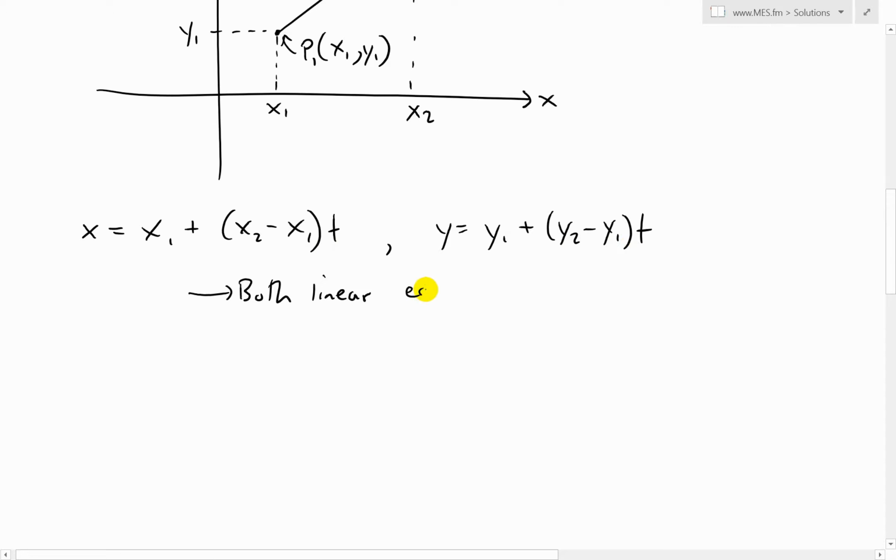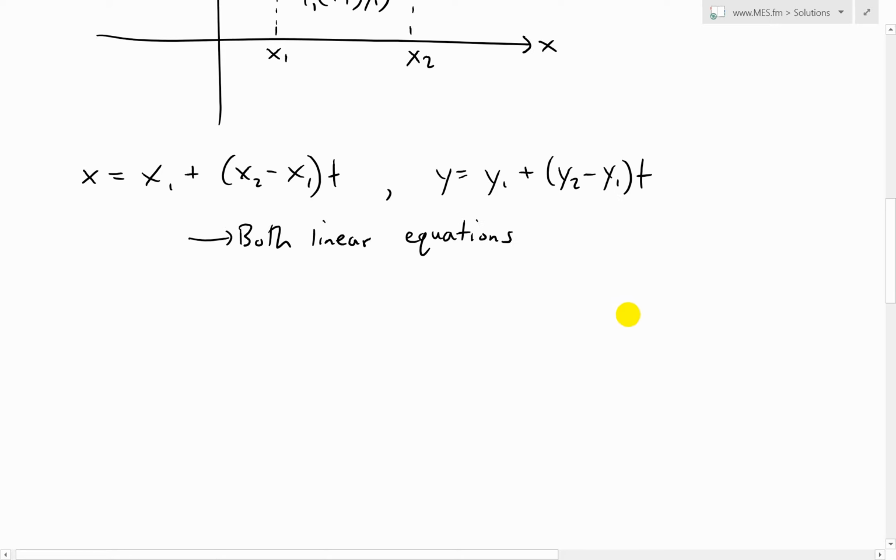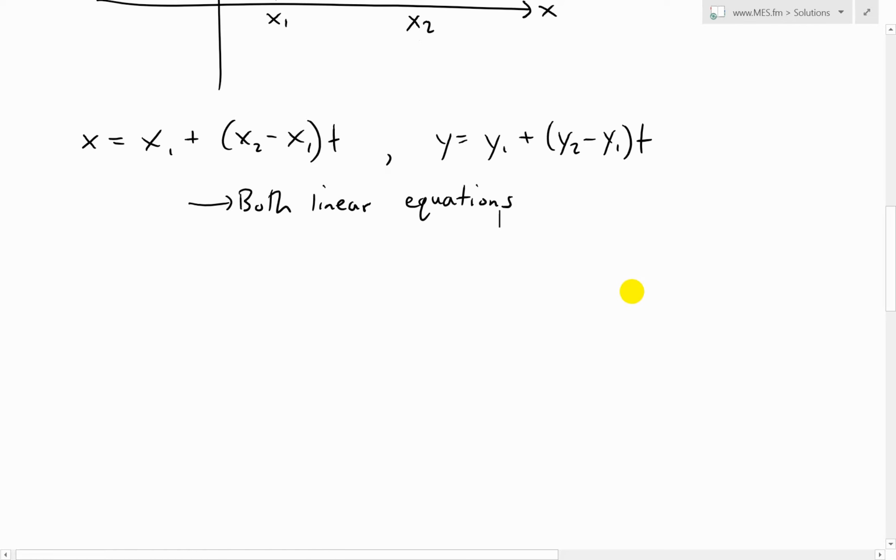Both linear equations. So that means we just look at the interval for t from 0 to 1, so t is greater than 0 and less than 1.